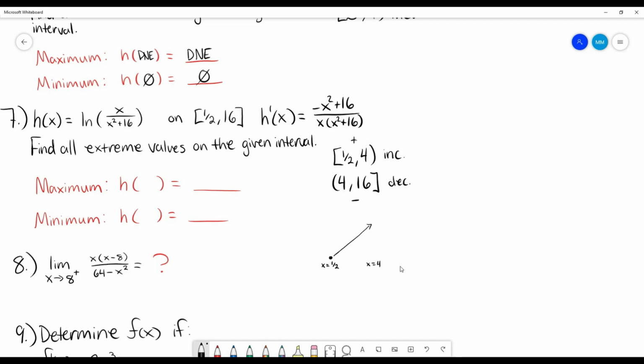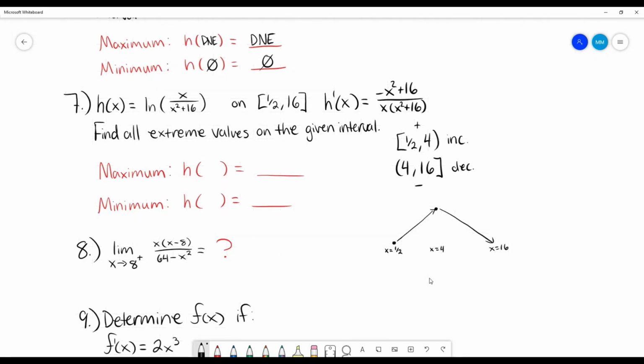And then from 4 all the way over to x equals 16, it's decreasing. Which tells us that our minimum could be at either of these 2 points, so we'll have to evaluate those, but our maximum on this interval has to be when x equals 4. So h of 4 is our maximum. Let's go ahead and evaluate that.